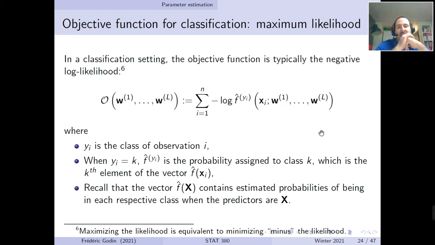Conversely, in a classification setting, we're going to use maximum likelihood instead. To maximize the likelihood, what's typically done is to minimize minus the log of the likelihood.